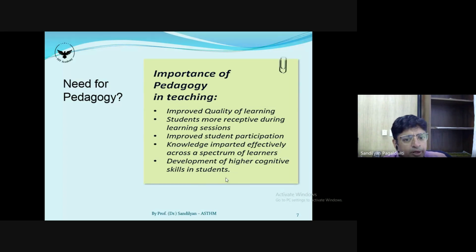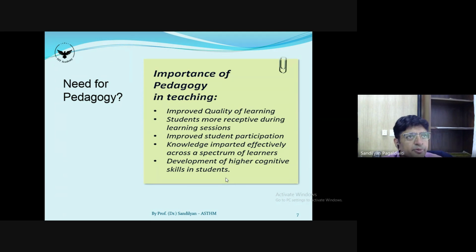It's an improved quality of learning. Students are more engaged and receptive. They are more attentive. They are more focused. They participate in the session. They ask questions. They discuss. The knowledge is disseminated amongst the students more effectively, because if you adopt the right pedagogy, different types of learners get involved in the process.